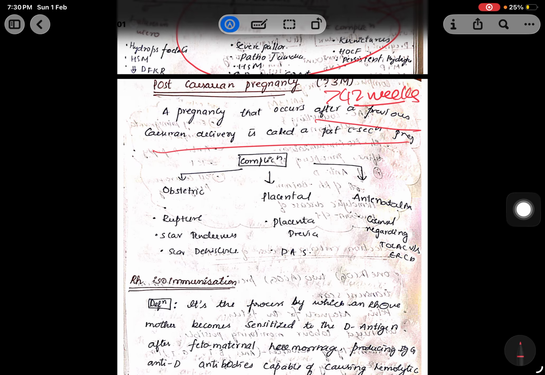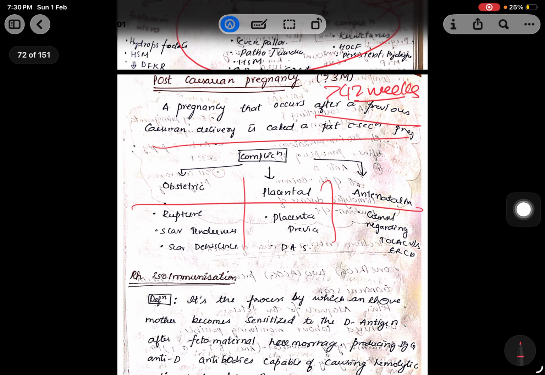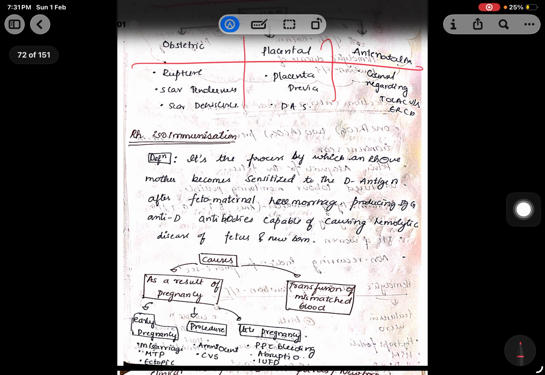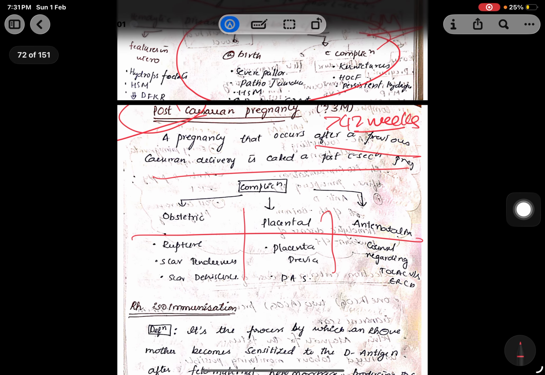Okay, I will make sure I see what it is and I'll come back. Okay, even I'm not sure. I think it's a pregnancy that occurs after a previous one. Okay, I will just check. This is just an RS2 question, so you can conveniently forget it, but I will explain it later also.